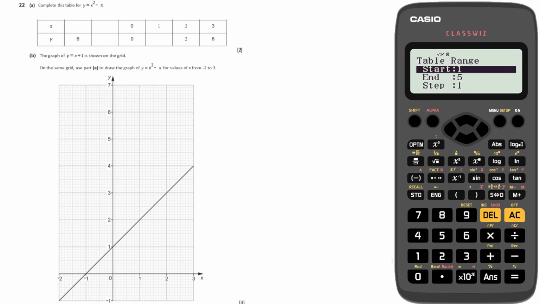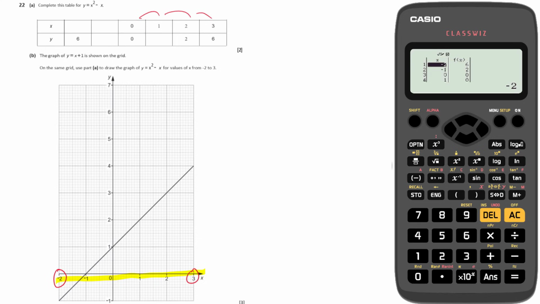If it doesn't, then what you can do is just look at the x-axis on your diagram and pick out the number on the far left and the far right as your start and end values. So I'm going to be starting at -2, ending at 3. Now the step is what we're going up in. You can see here we're going up in ones, so we go up in ones, and then press enter. You can see I'm going to get a nice table displayed with all the values that I need.